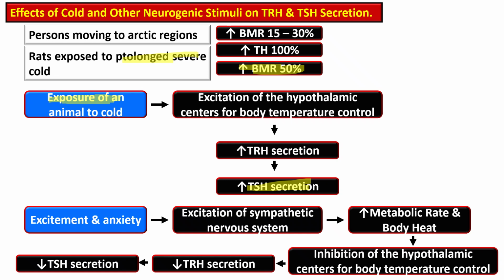Emotional stimuli are also associated with alteration in the secretion of TRH and TSH. Decreased TSH secretion occurs as there is excitement or anxiety via the sympathetic pathway.